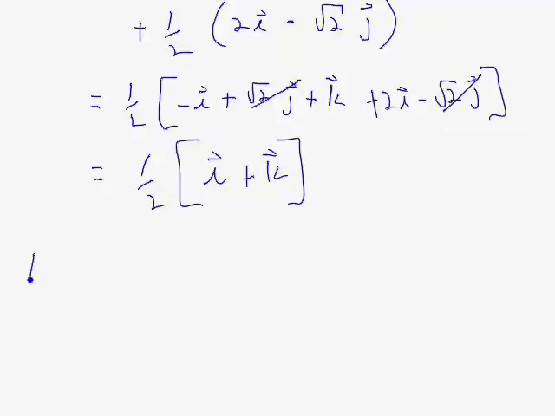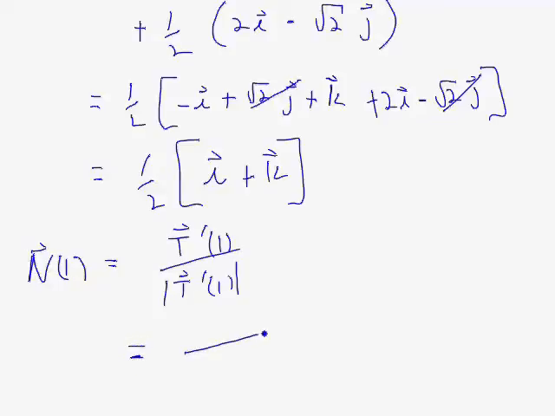And then if you remember, N of 1 is just T prime of 1 divided by the magnitude of T prime of 1. So if you think about it, the magnitude of T prime is just going to be 1/2 times the square root of 1 squared plus 1 squared, or just square root of 2 on the bottom.